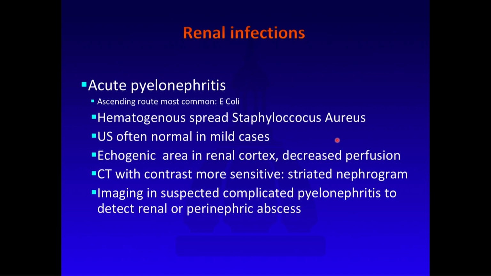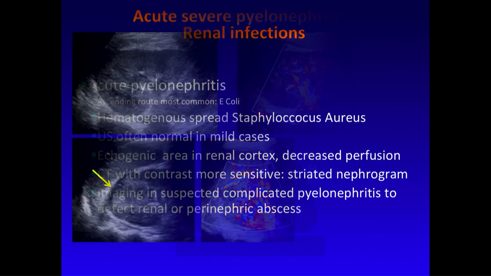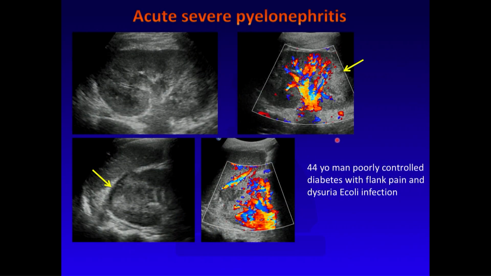But sometimes they order ultrasound, and we need to be able to recognize these findings. So the ultrasound is often normal in mild cases, but sometimes you'll see echogenic areas in the cortex and decreased perfusion, that's what you look for, because oftentimes the severe cases of pyelonephritis have some hemorrhage within them. So this is such an example here.